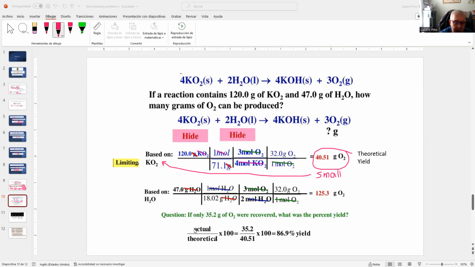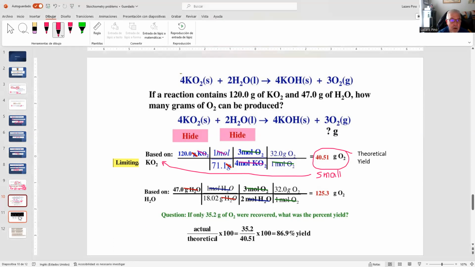I divide the actual yield, that is 35.2 grams of oxygen, by the theoretical, the one that I calculated from the equation, that is 40.51. And I multiply by 100, and I get that the percent yield is 86.9. Stop the video and try to do this exercise by yourself.